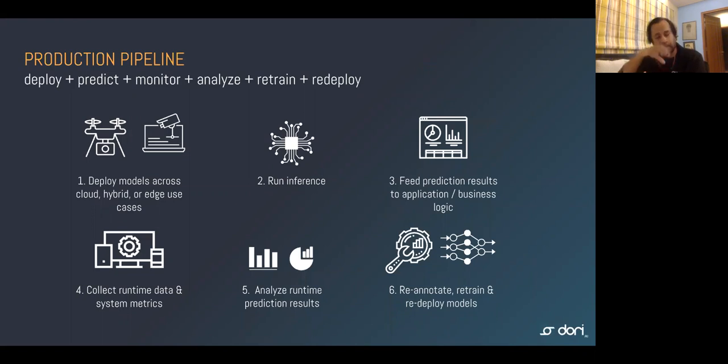These are all things that you need to think about when building this entire solution, because that model may be just one piece of the puzzle. You need to set up an entire infrastructure to support the application, and what do those interfaces look like? Within Dori, we've standardized some of those interfaces, so it's much easier to build out these applications rapidly and not have to worry about setting up all those databases and all those APIs.